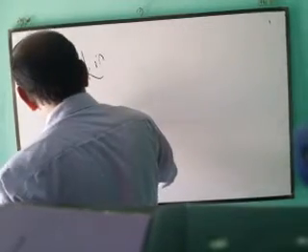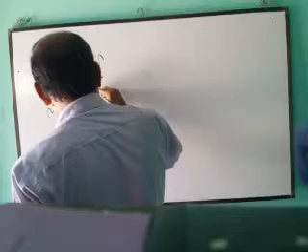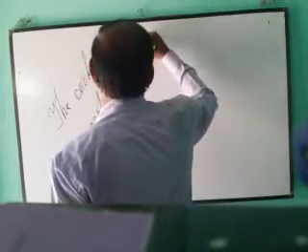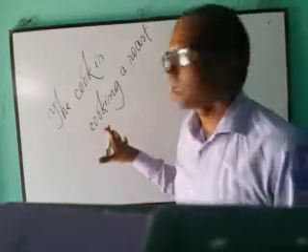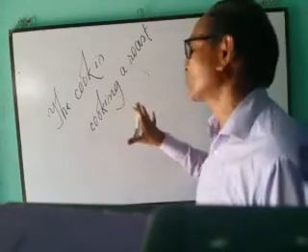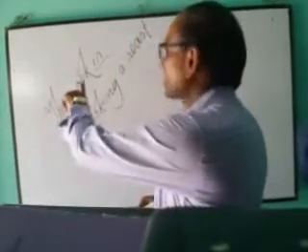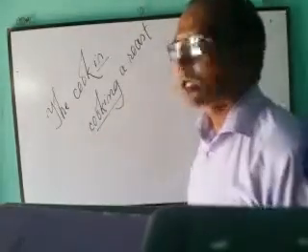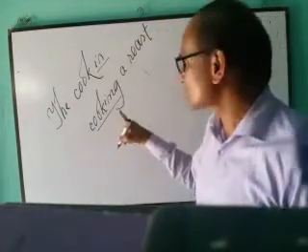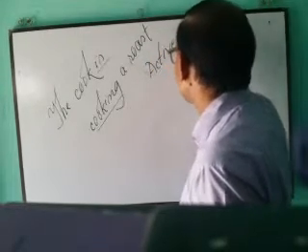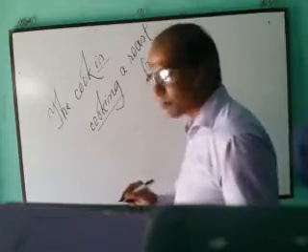The cook is cooking a roast. So it is quite clear this very sentence is maintaining the structure of continuous tense, because is here as an auxiliary verb and then cooking, continuous tense. So it is continuous tense. So it is called active voice. Active.